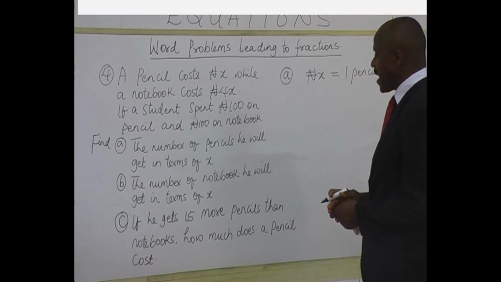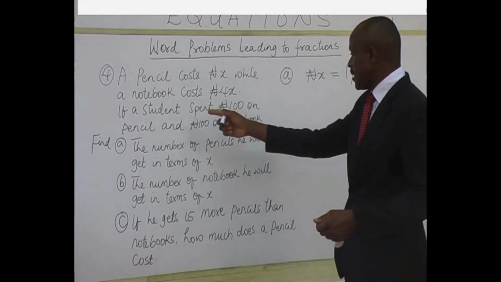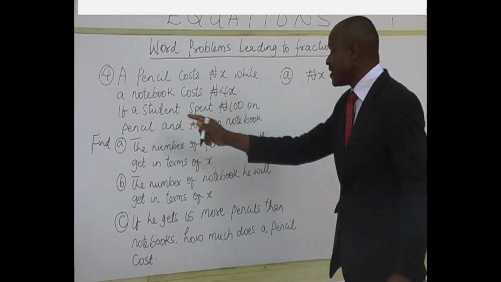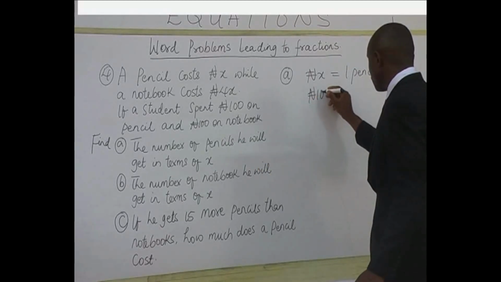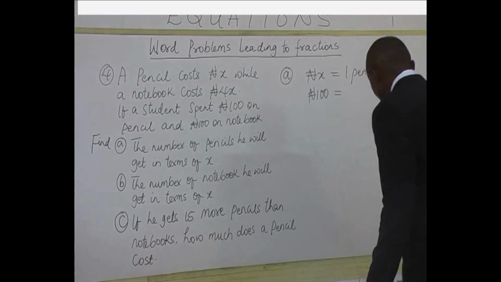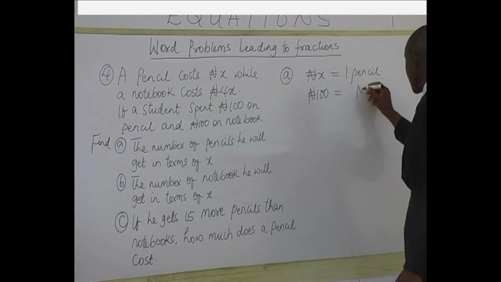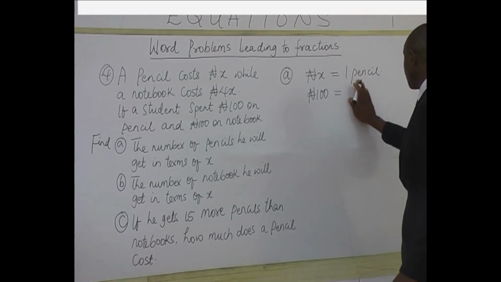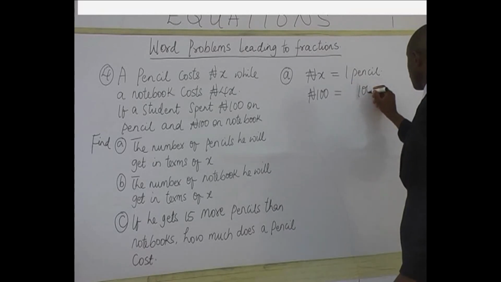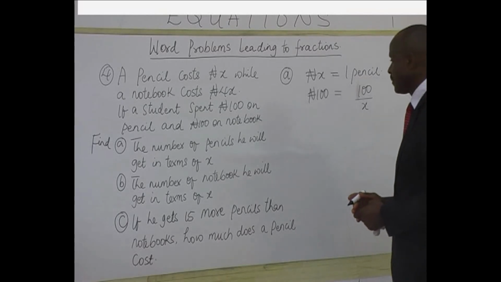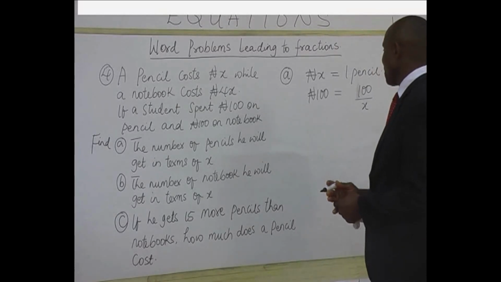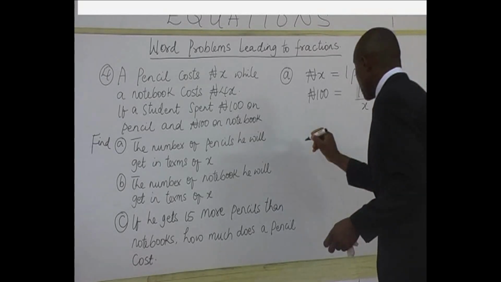Then with 100 naira, remember they said he spent 100 naira on pencils, you can buy 100 divided by X number of pencils. That answers question number A.